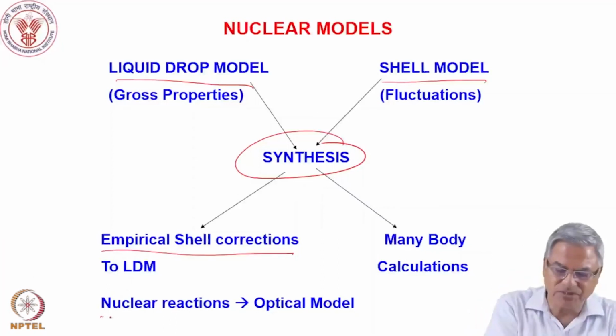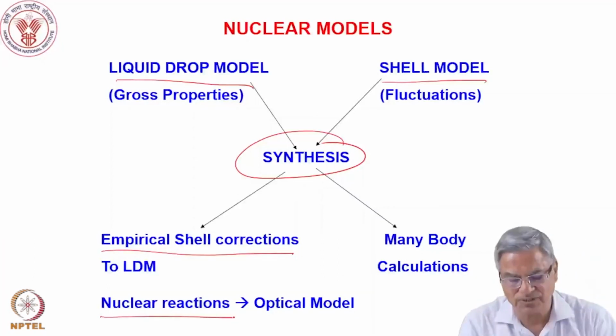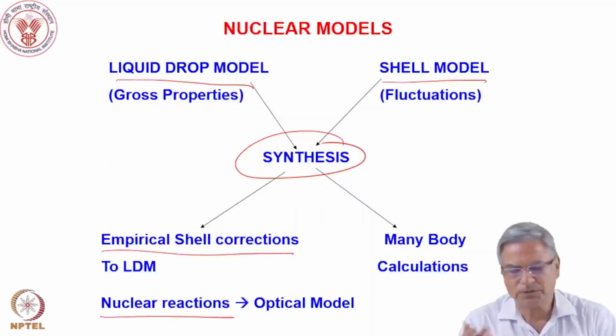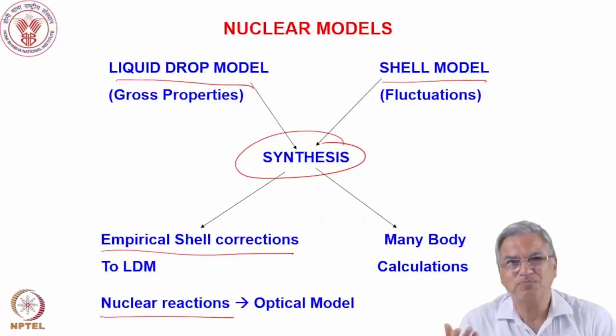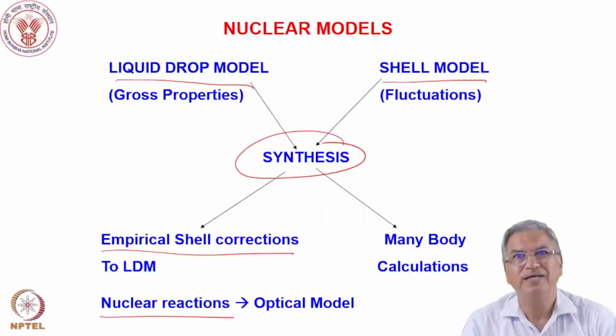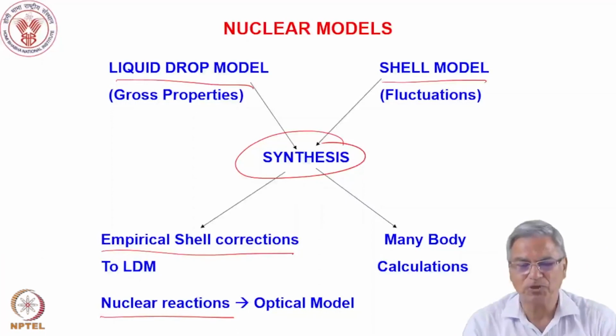In nuclear reactions, there is another model called the optical model. There are also collective models, which explain the collective properties of nuclei, like rotation, vibration, etc. We will be concentrating only on the liquid drop model and the shell model in this particular course.